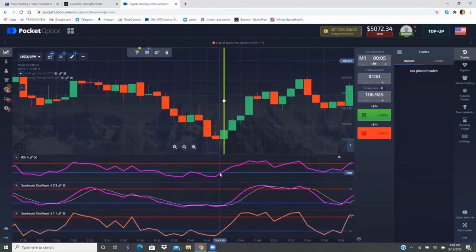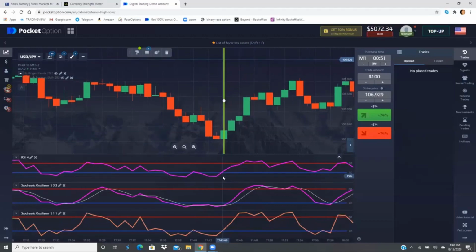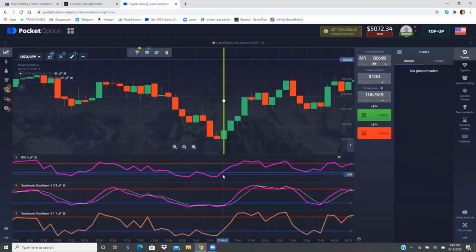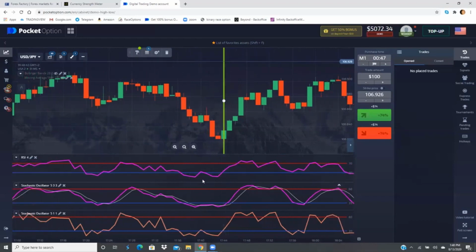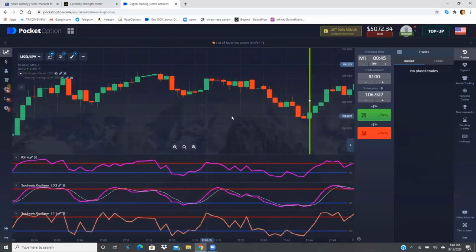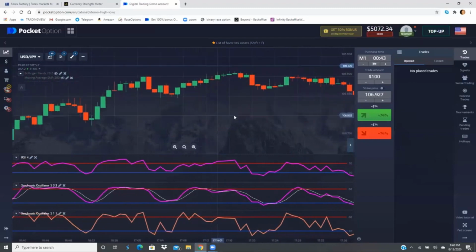And for me, that's great because the more the indicators are telling me the same thing, the better. If all the indicators are lining up saying the same thing, that's more confirmation that it's going to be a great trade.